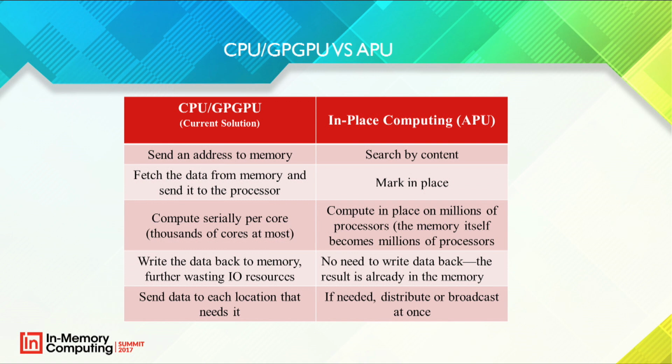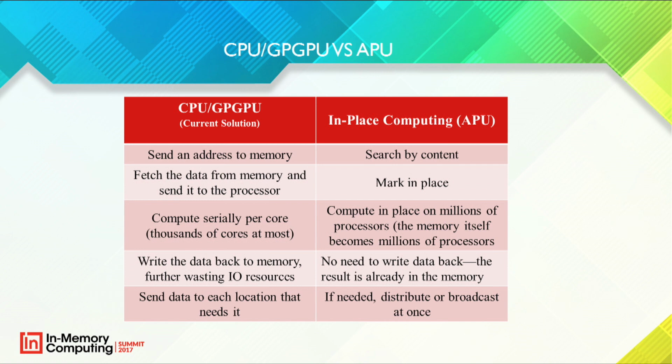If we compare CPU, GPU, and what we call in-place computing: in the CPU and GPU standard von Neumann architecture, we send an address to the memory. Here we search for a content. We don't have to send an address; we look by the content. We fetch the data from memory and send it to the processor.